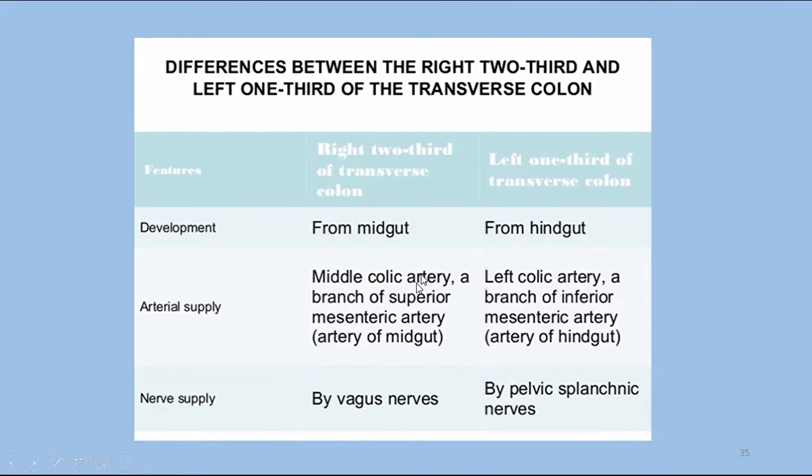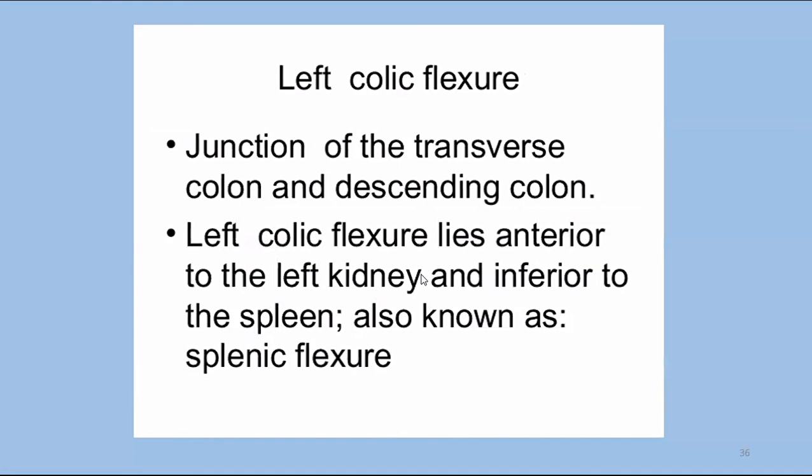The middle colic artery supplies the right 2/3, while the left colic artery supplies the left 1/3. The middle colic comes from the SMA, the left colic from the IMA. Nerve supply is also different: the vagus nerve for the right 2/3, and the pelvic splanchnic nerve for the left 1/3 of the transverse colon.